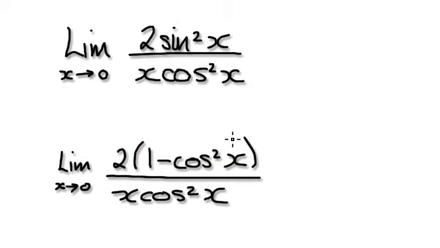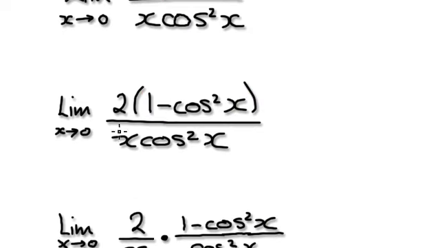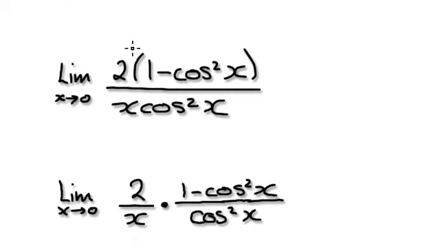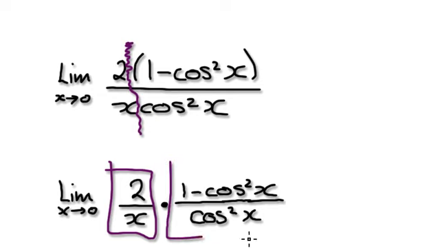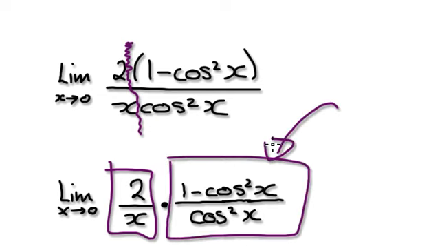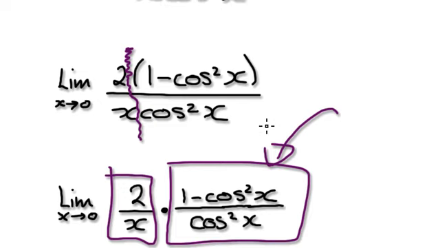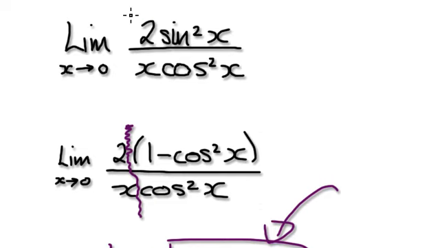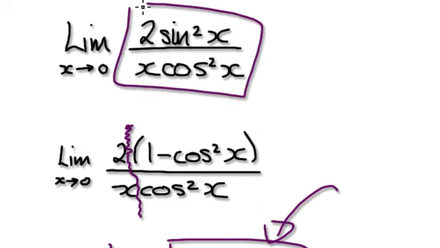But then I got to this stage where I broke up the fraction like this, which took me to this stage here. But then I got stuck on this bit, so I had to go back to the beginning. My point is that when given a limits problem, try to play around.